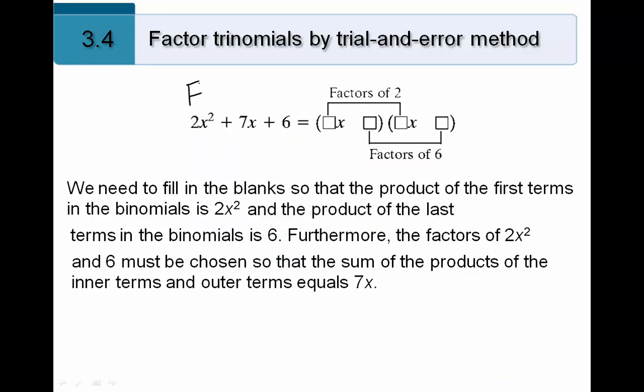That's my F. And the product of the last terms in the binomial is 6, my L. Furthermore, the factors of 2x squared and 6 must be chosen so that the sum of the products of the inner terms and the outer terms equals 7x. So my inner and my outer must equal my 7x. Okay? And I will be reviewing this again.